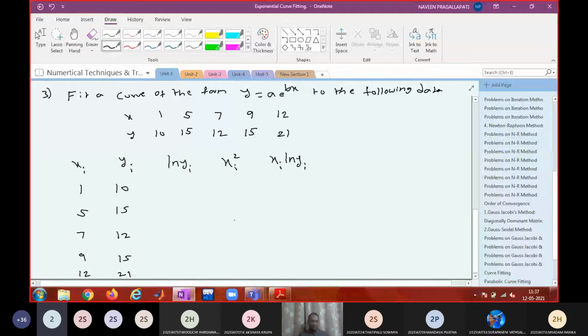Your base is e, so ln 10 is 2.302... 2.3026 when you round to 4 decimals. Am I right? Yes, sir. Similarly, can you tell me log 15?